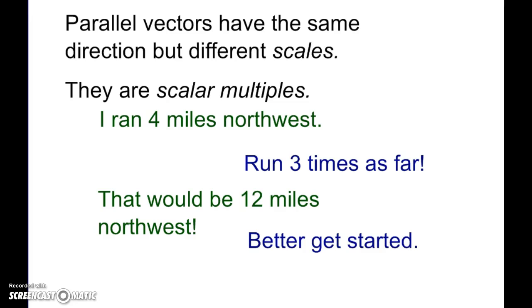It's a scalar multiple. See what it does to the direction? Nothing. So that's the definition of a scalar multiple. Same direction. Farther distance or shorter distance, or maybe the opposite direction.